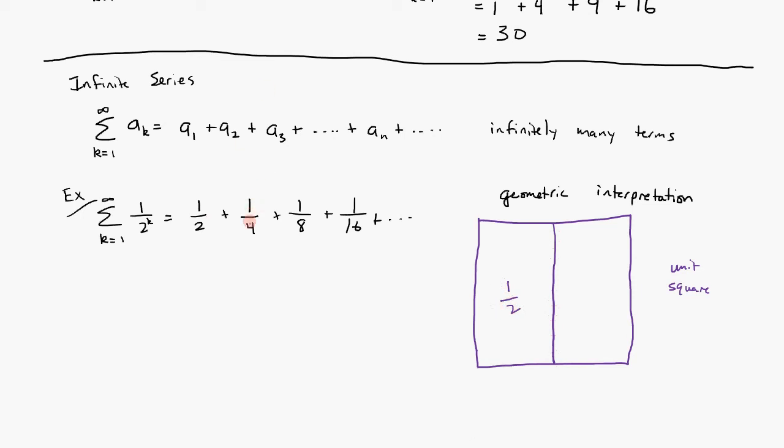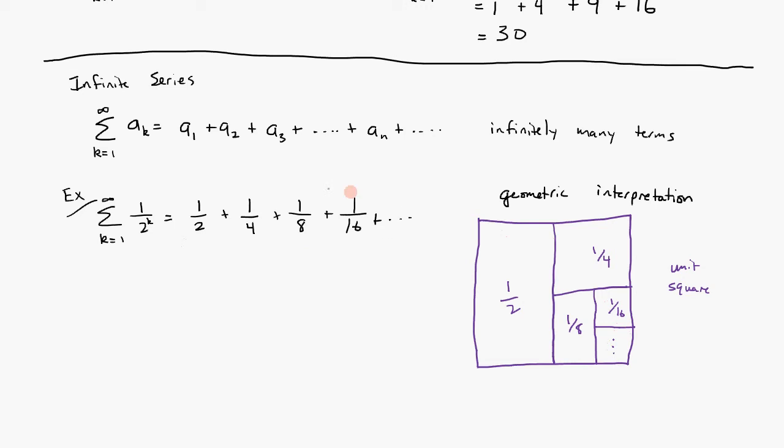The second term is 1/4, which represents 1/4 of the square. The third term is 1/8, so that represents 1/8 of the square. Then the fourth term is 1/16, so 1/16 is half of the remaining piece. That's 1/16 of the square, and then so on.